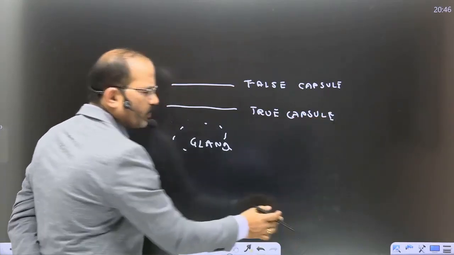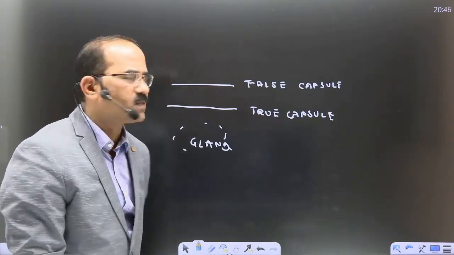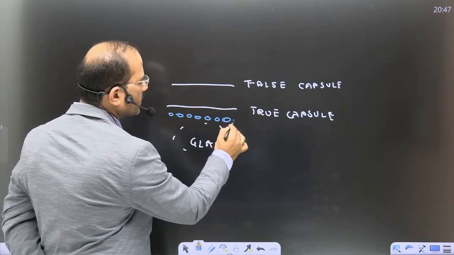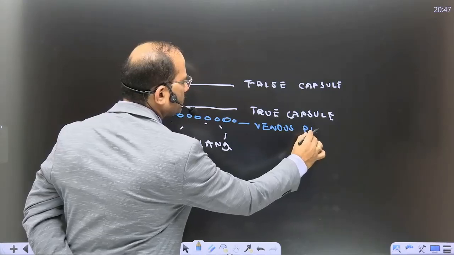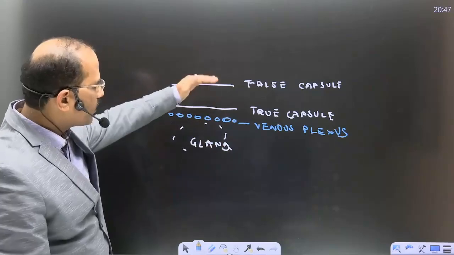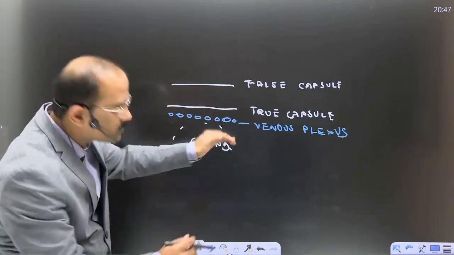The thyroid has got a rich venous supply, a rich venous plexus. And this venous plexus lies deep to the true capsule. So that's the false capsule, that's the true capsule, and that's the venous plexus which lies deep to the true capsule.